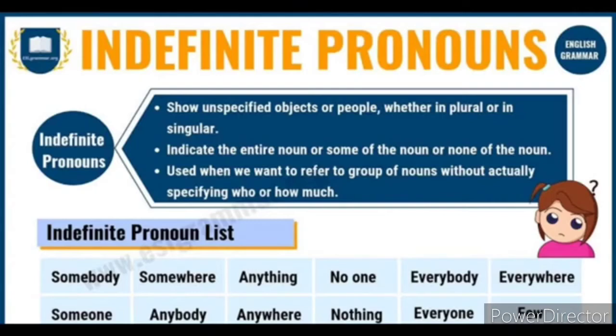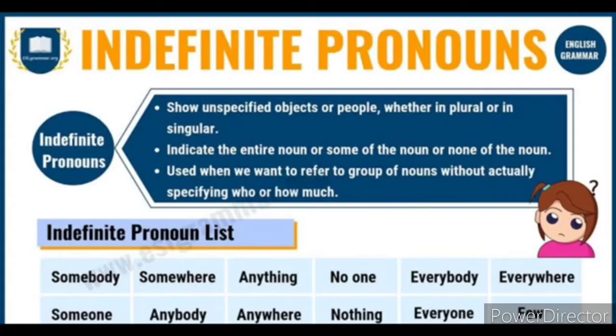And the next thing, it refers to the people or things without saying exactly who or what they are. And look at the picture, children. Here you have some of the indefinite pronouns in the list. See here, somebody. Words that end with one or body are used for people. For example, someone, somebody. These are all used to refer to people. And see the word anything.